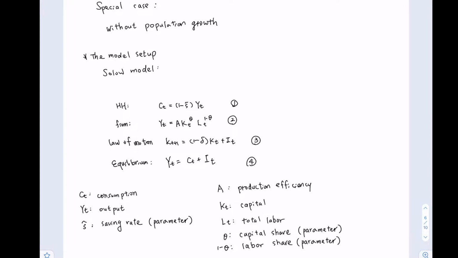We have an equation to characterize how capital evolves over time, and here we adopt the law of motion. At the end, we have an equation characterizing the equilibrium of the economy, which is that whatever amount of goods is produced needs to be either consumed or invested. So obviously, the setup of the Solow model is exactly the same as the earlier case.